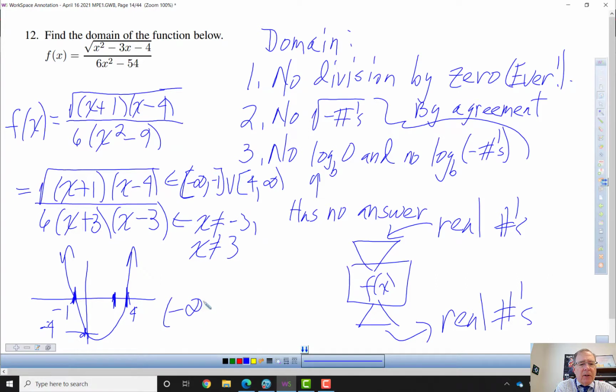So -infinity up to -3, but not including -3, union with -3 to -1, inclusive at -1, union with 4 to infinity, and we're including 4.